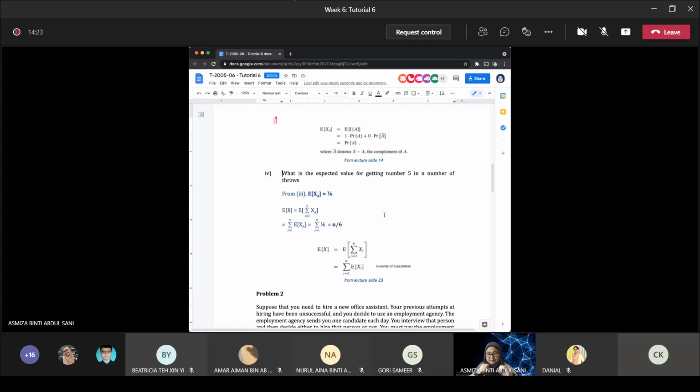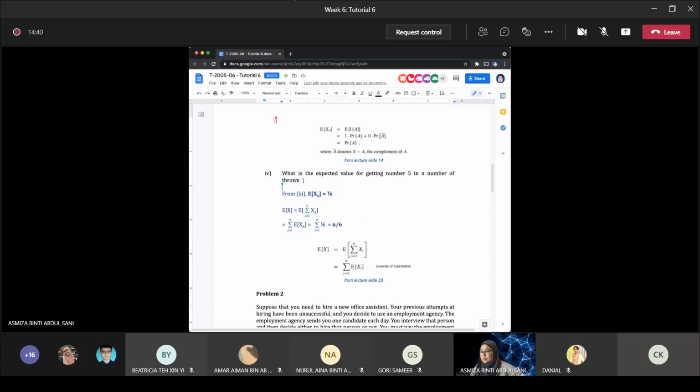What is the expected value for throw number 1? For throw number 2? For throw number 3, and so on until throw n? The expected value would be the total sum of the expected values of all throws.